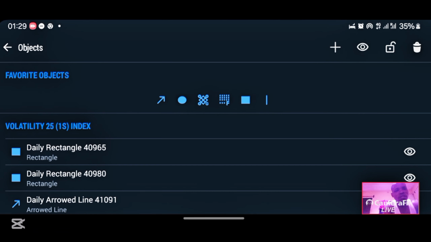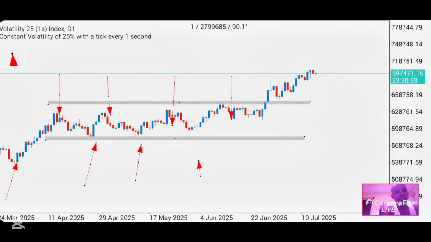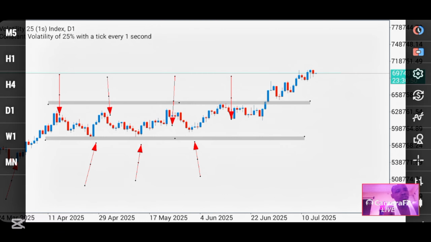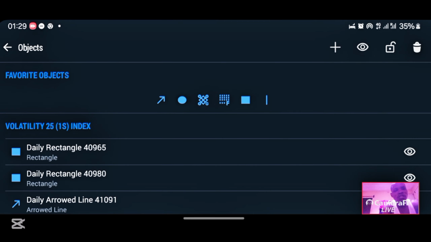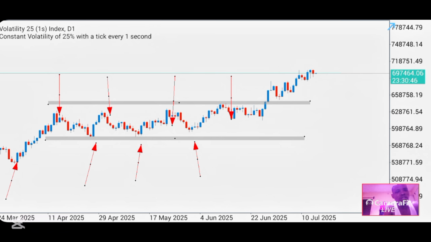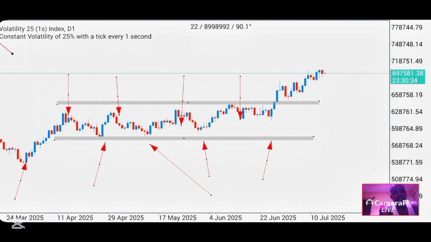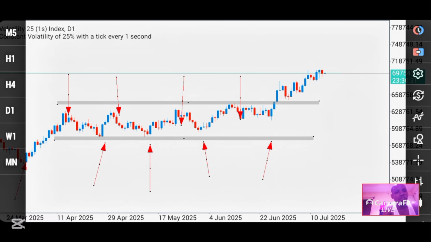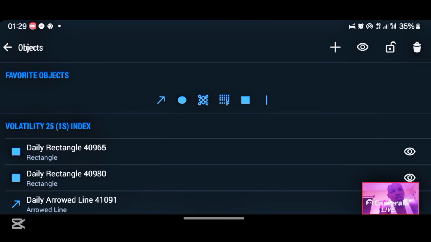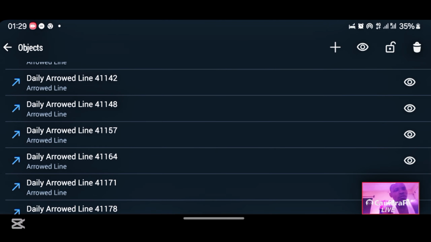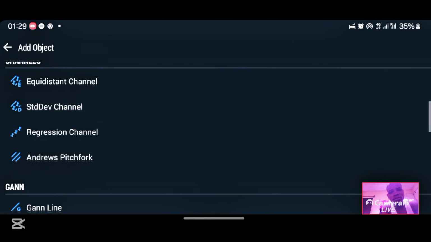Here are the resists. Those are the places that I'm placing the arrows, those are the resist levels.